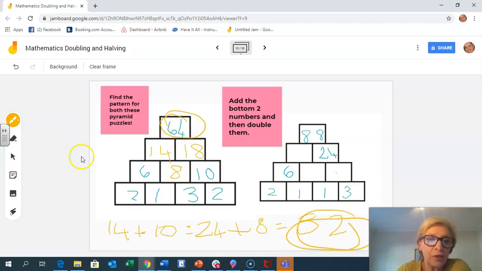So 32 plus 32 is 64. So a big tick. All right, let's do the same one here.